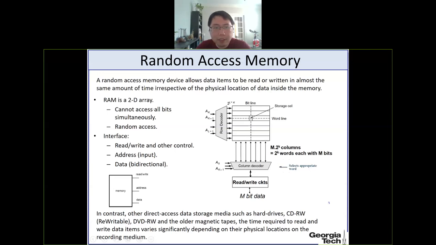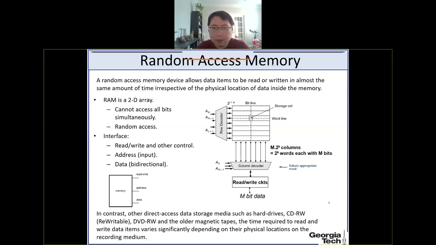That means you can independently read or write the data from the memory array. No matter where the data is, you spend almost the same time to read or write it. So you don't need to worry about the location of the data. Each data here is independent of each other.